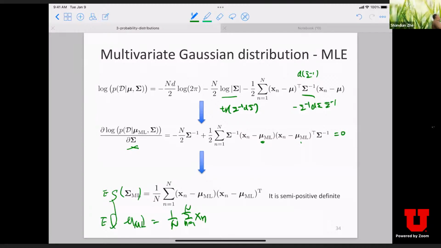If it turns out to be exactly the same as the real mean and real covariance matrix, that means your estimate is unbiased. But if after you take the expectation it is different from the true mean or true covariance, then it is a biased estimate.